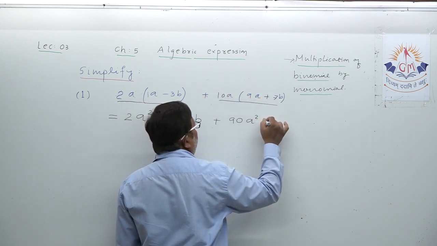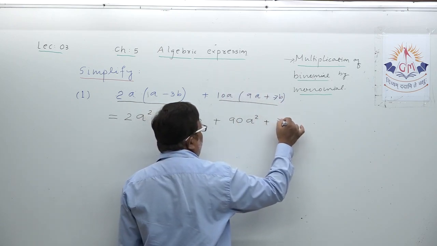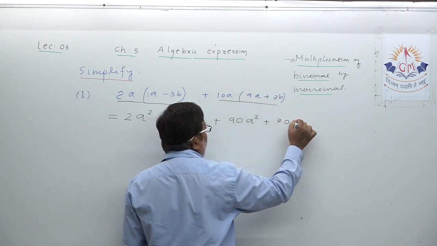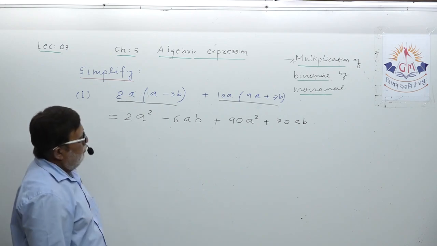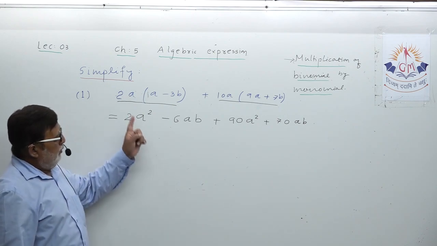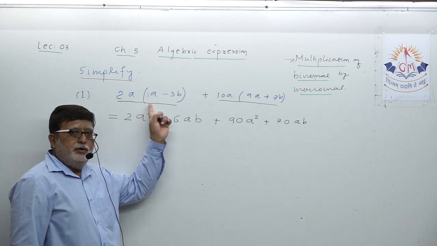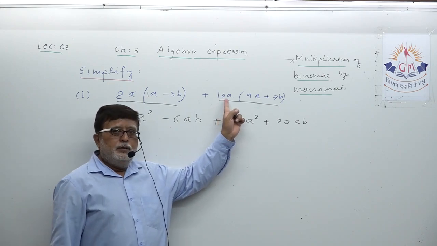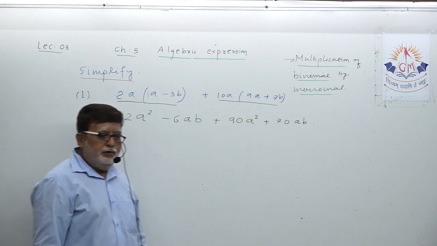Plus plus plus, 10 sevens are 70. Here variable A, here B, so ab. Okay. First half is over. Here we multiplied this monomial with this binomial, and here this monomial with this binomial.